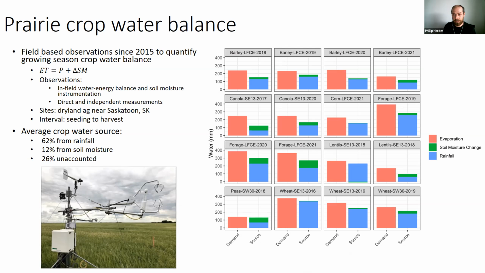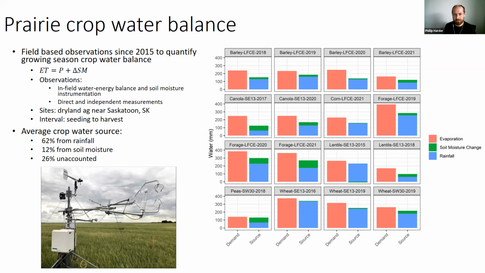So on average, evapotranspiration is this red part of the graph. Rainfall only comprises 62% of the water that's being transpired by our crops. On average, 12% of the crop water use comes from a change in soil moisture.